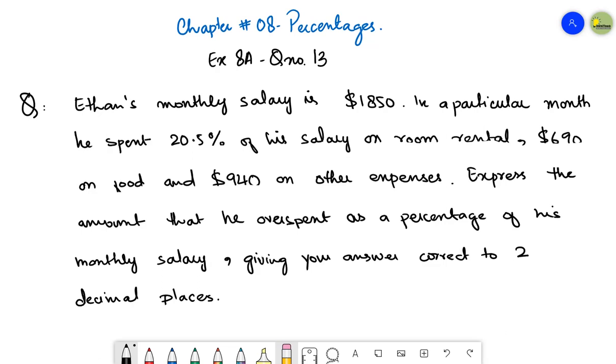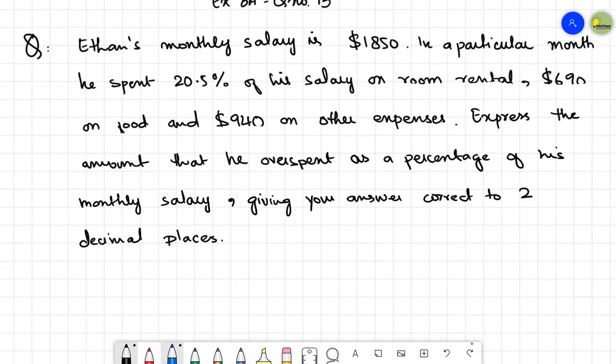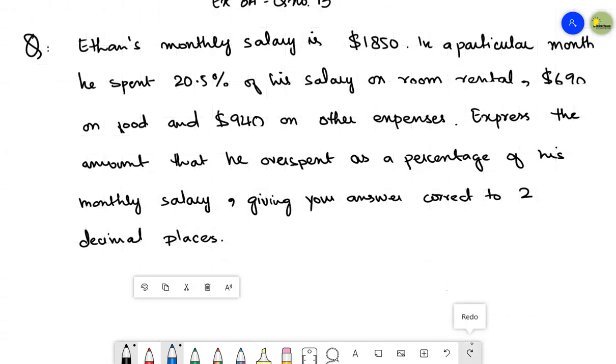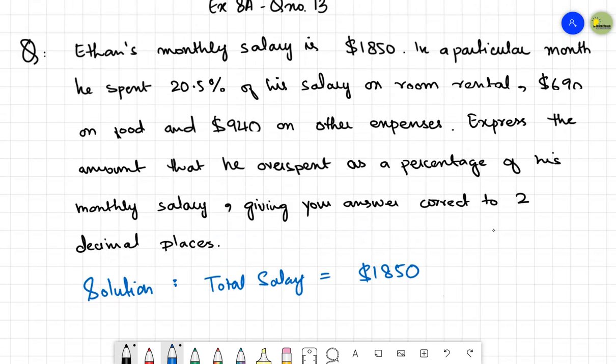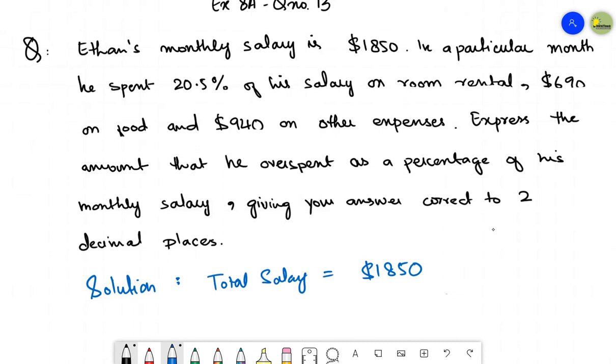In the first three lines, we have been given the information that Ethan's total salary, let me write over here in terms of solution, is $1850. This salary is given in terms of amount, not percentage, right?